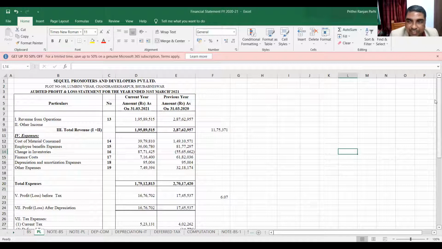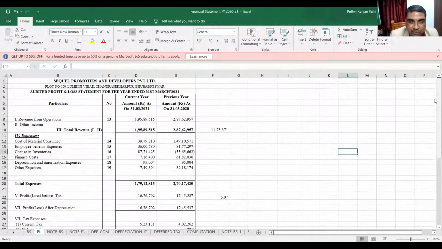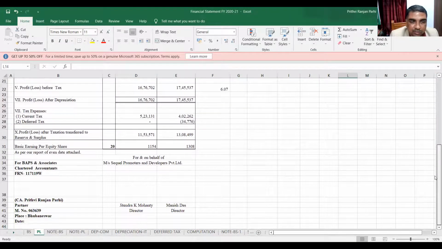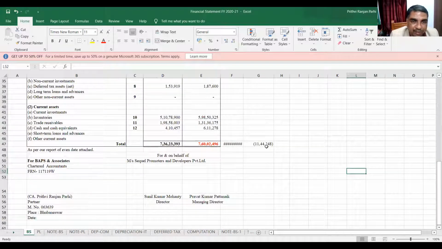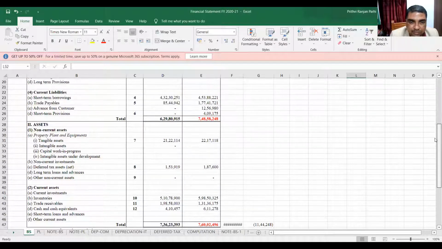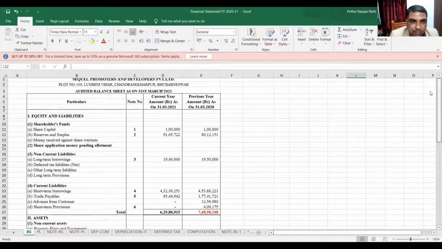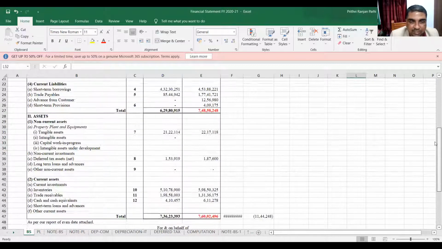You can see the profit and loss statement. Just have a look. Are you able to see it? Yes, sir. You can see their financial statement, and their balance sheet is here. Let us say some data is available. Their balance sheet is here.